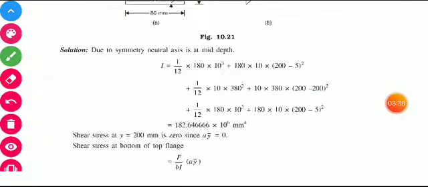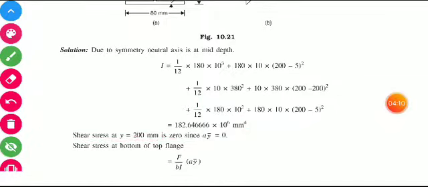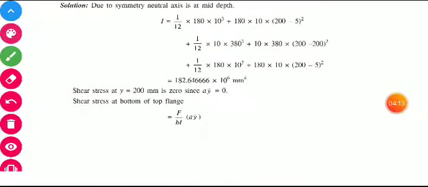We know that at the maximum value of y, which is 200, the shear stress is 0, because the top of the flange is the extreme fiber, so it becomes 0. Since y bar is taken from the top flange, it becomes 0. The shear stress at the top flange will be equal to 0.